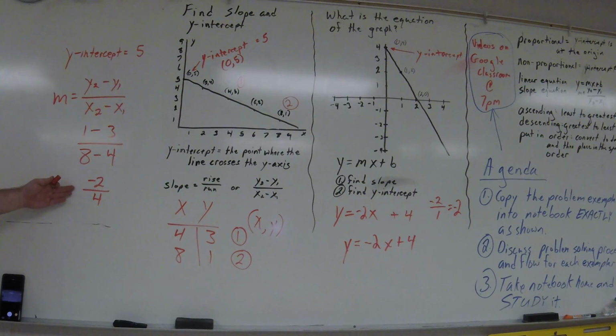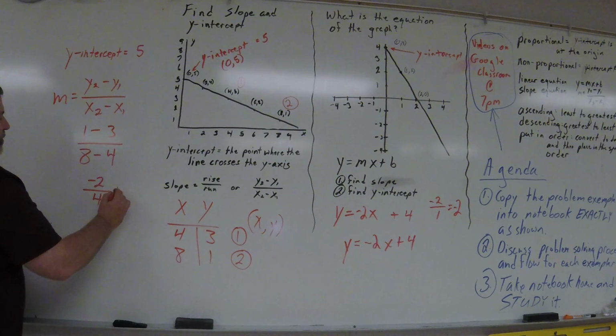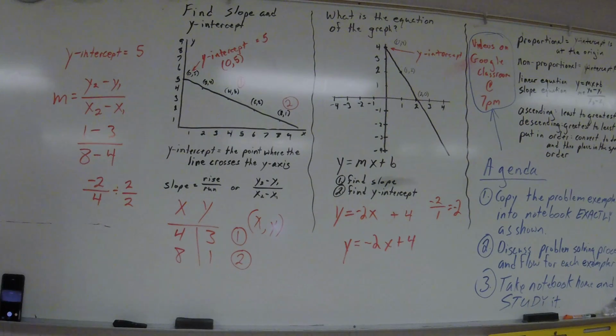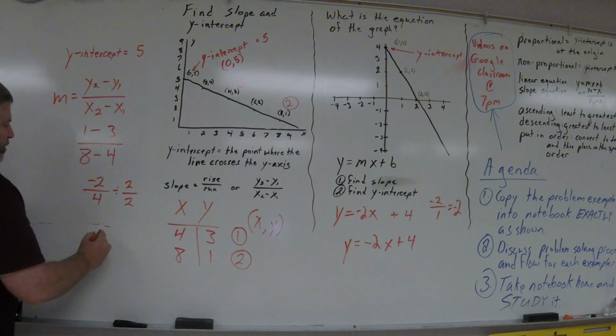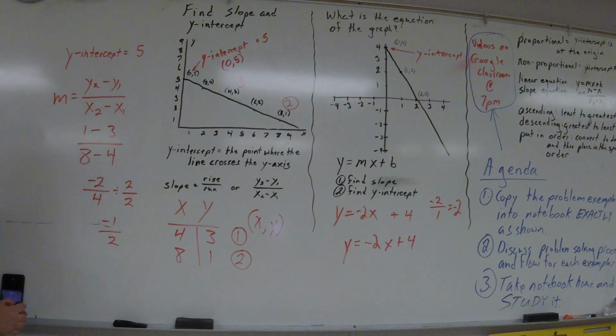And this is not in lowest terms. On the test, they're looking for the slope in lowest terms. So if we divide both the numerator and denominator by 2, what we end up with is negative 1 over 2.